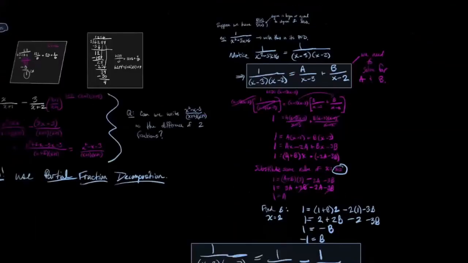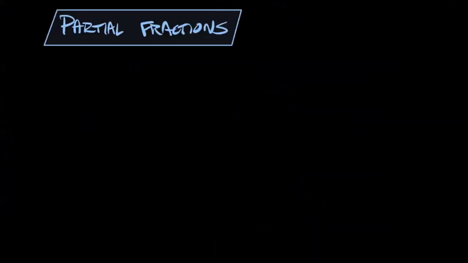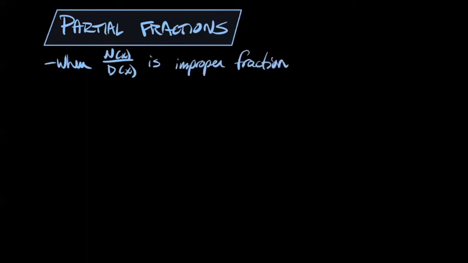So let's go ahead and define the partial fractions first. All right, so when n of x divided by d of x is an improper fraction, meaning the degree of the numerator is greater than the degree of the bottom. I should say greater than or equal to.